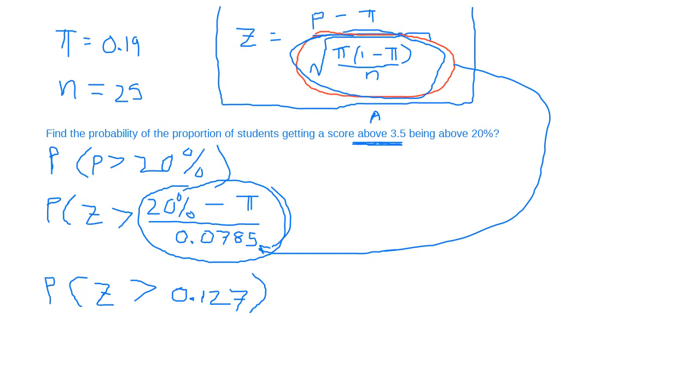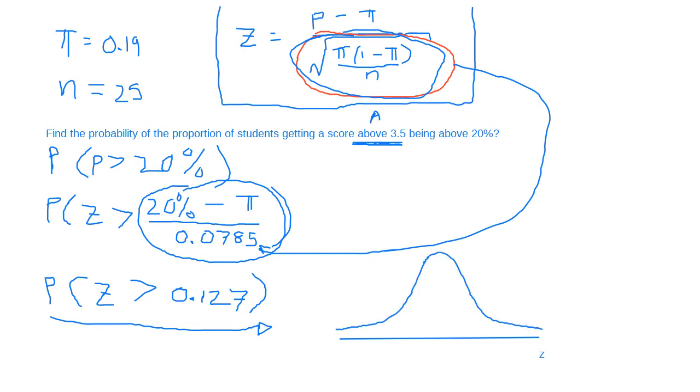Now we know how to work these probabilities out from the table. I'll sketch it for you, and then I want you to find this probability for me. Here's our z-axis, and here's our curve, centered at 0. Forgive my line, please. 0.127 is on the right, so it's about here. Remember, just a sketch.